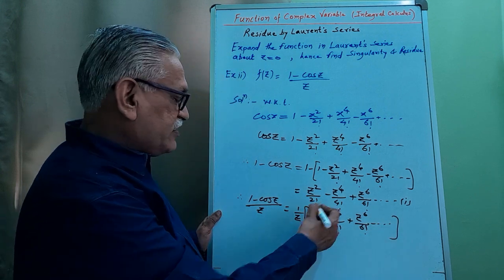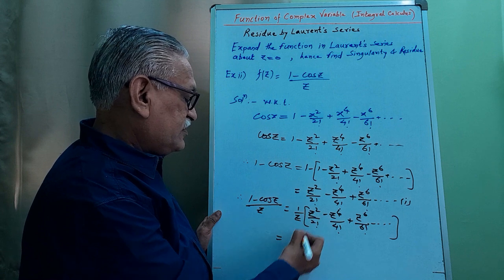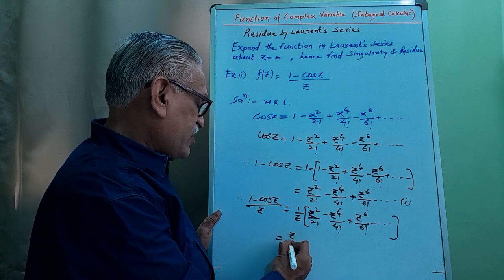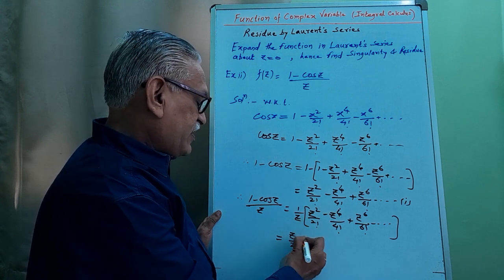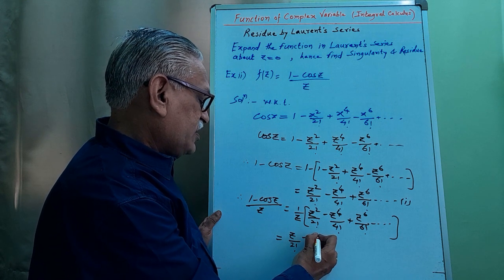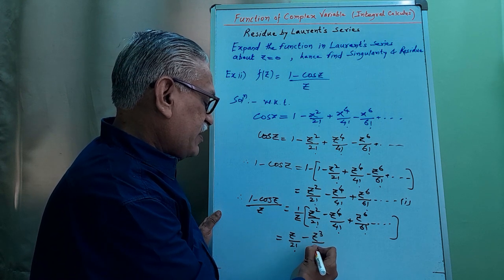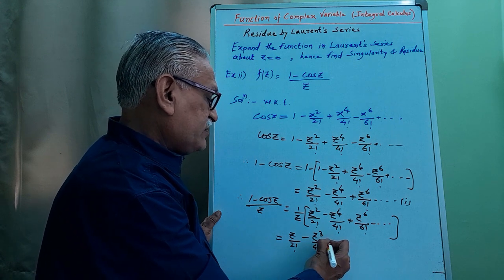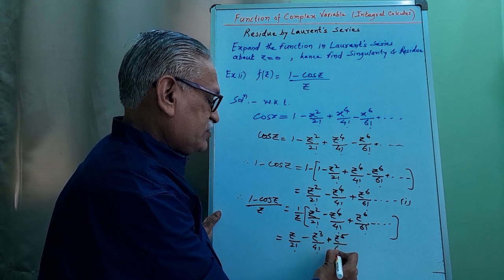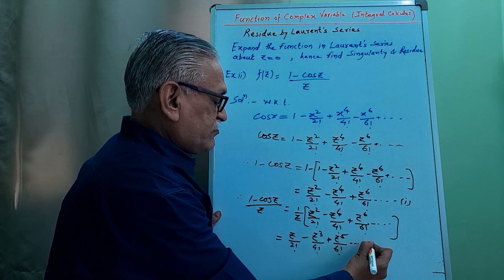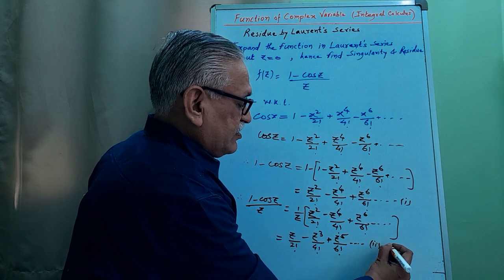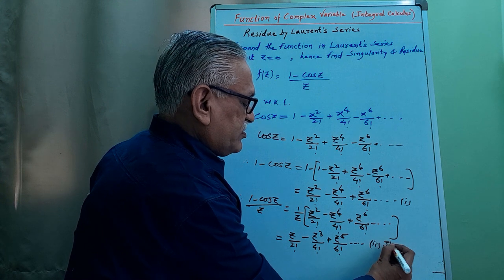Multiplying by 1 by z inside the bracket, we get the first term as z divided by 2 factorial, minus z raised to 3 divided by 4 factorial, next one plus z raised to 5 by 6 factorial and so on. This is the required Laurent series.